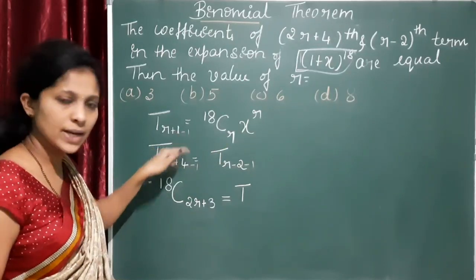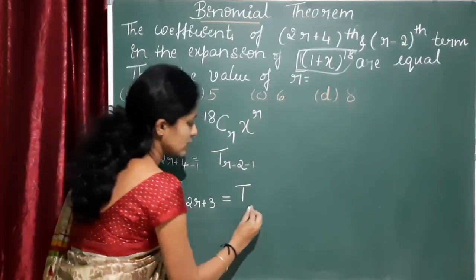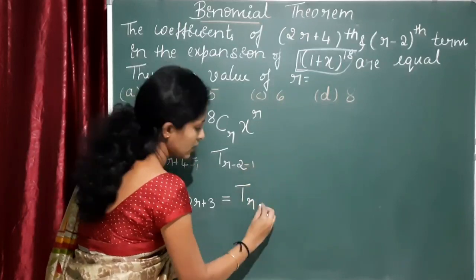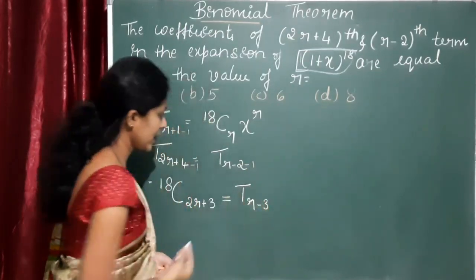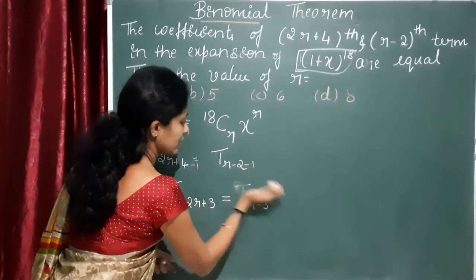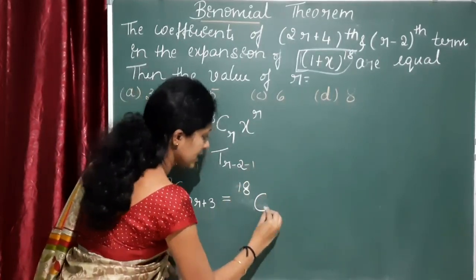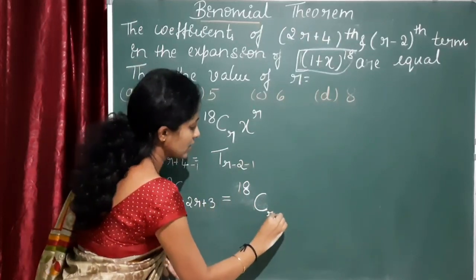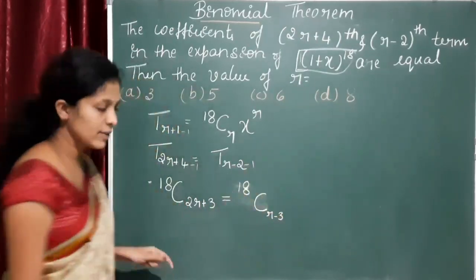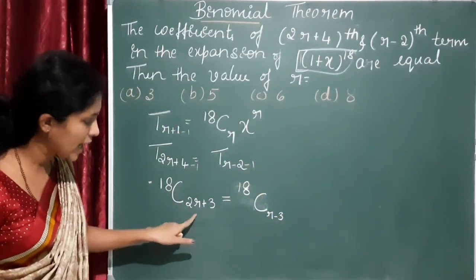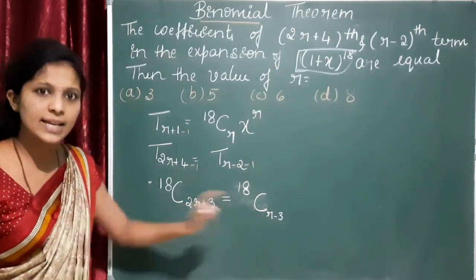So here also we subtract 1, so this will be r minus 2 minus 1, which is r minus 3. Now we can see this: 18C(2r plus 3) is equal to 18C(r minus 3).